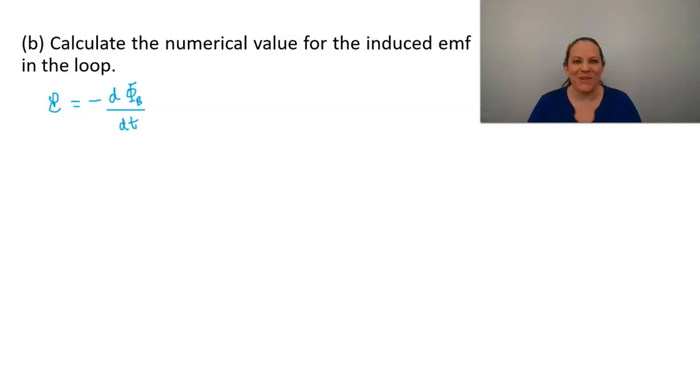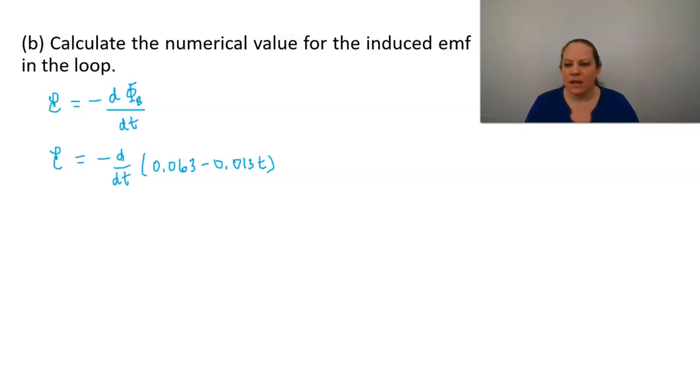It's Faraday's law, right? So our EMF is equal to negative d phi dt. So EMF equals negative d dt of that expression that we just had for our flux, 0.063 minus 0.013t.